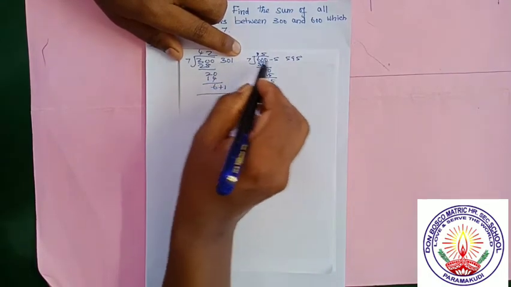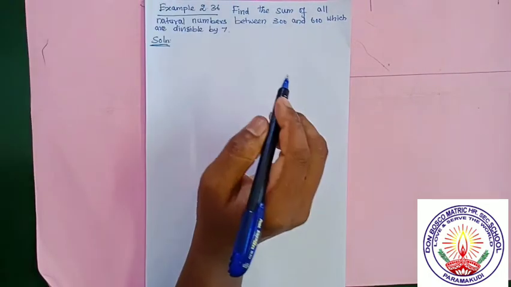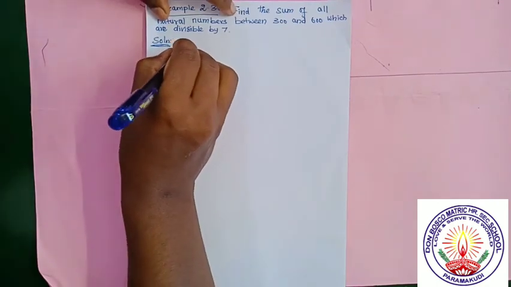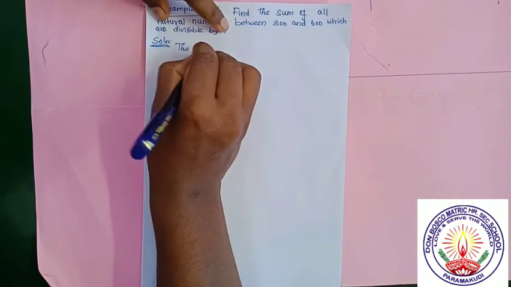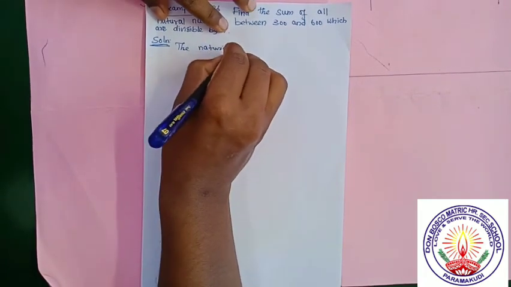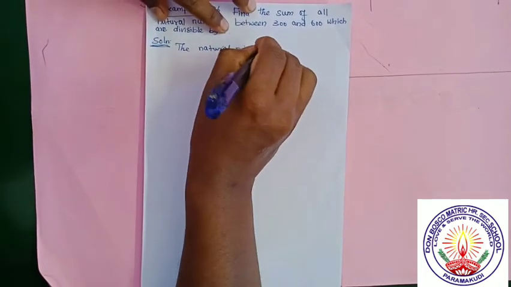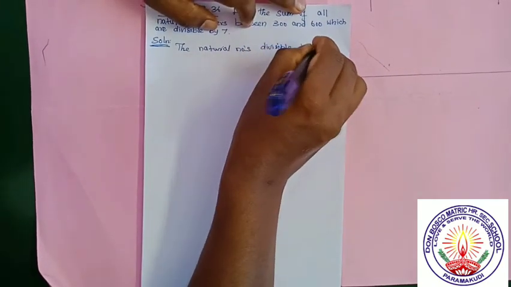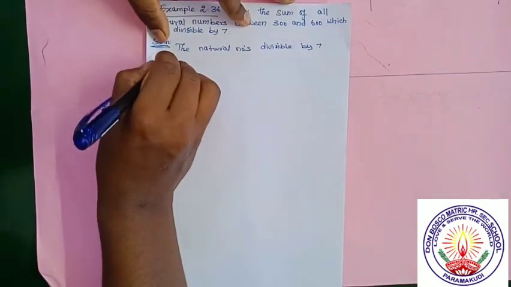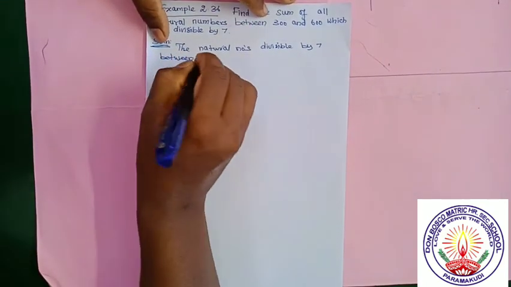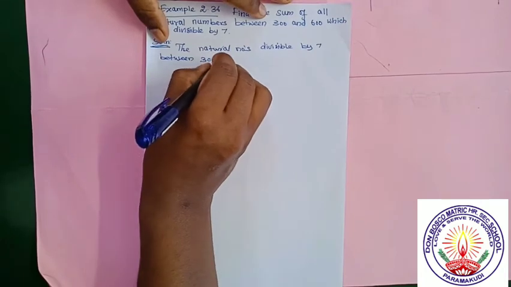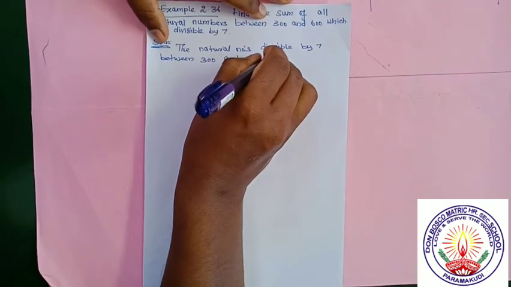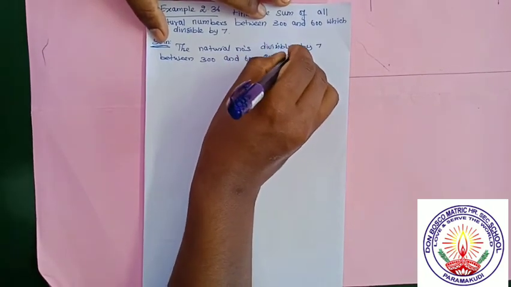Therefore, first number 301, last number 595. Therefore, we can write the natural numbers divisible by 7 between 300 and 600 are: the first number is 301.